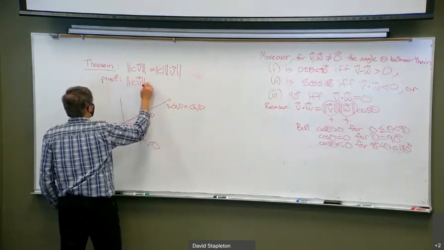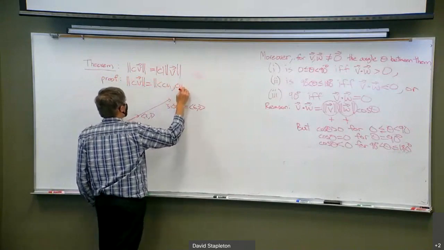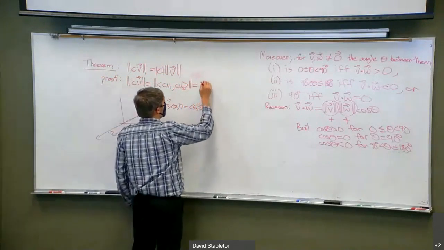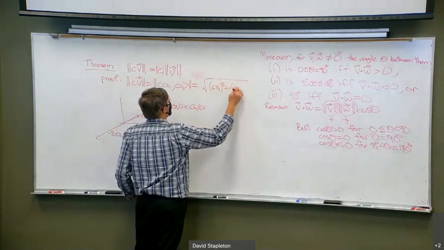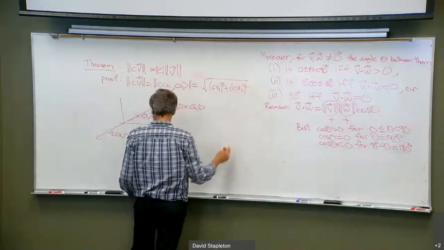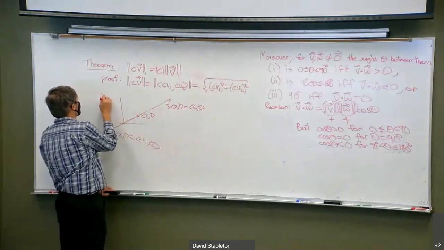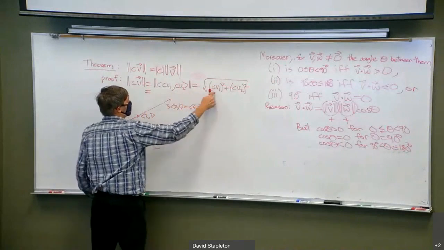Length of cv is the length of the vector (cv1, cv2). But what's the length of a vector? It's the root sum square of its components, right? It's the square root of (cv1) squared plus (cv2) squared. And now you can factor c squared out of each of these.